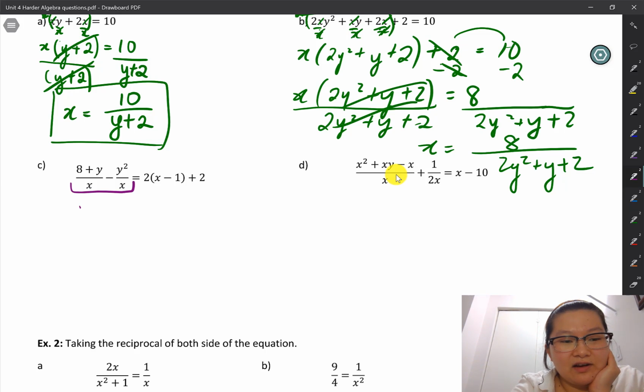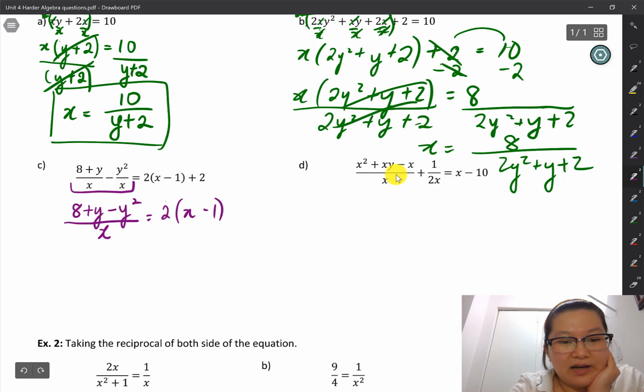So I have 8 plus y, and then I have to subtract whatever is on top, which is everything, and since everything is just y squared, I subtract y squared like this, and the common denominator stays on the bottom. I am going to need to multiply everything by my common denominator right now, so that's multiplying both sides by the x.